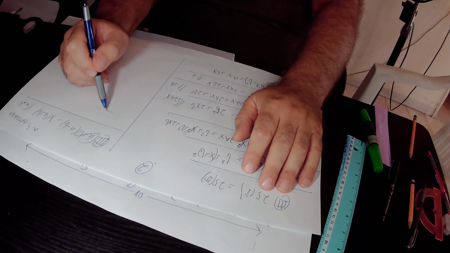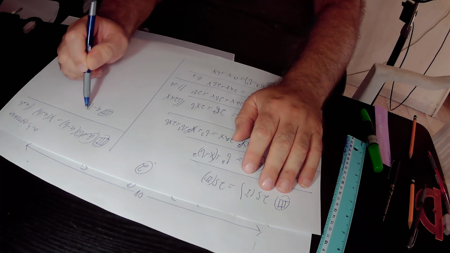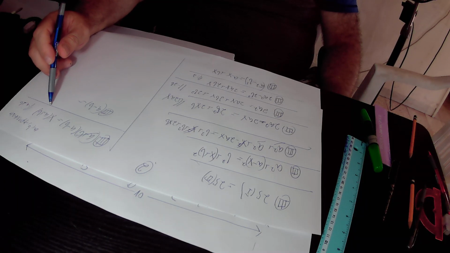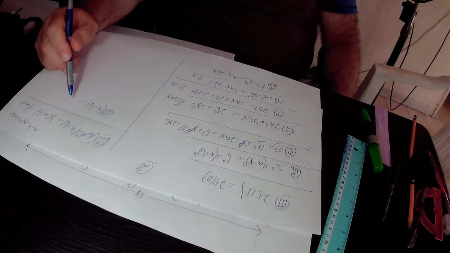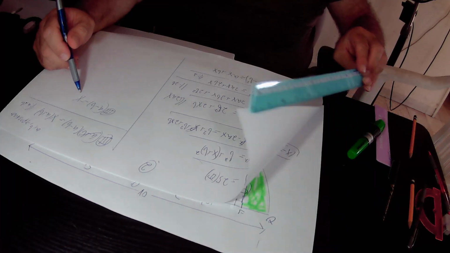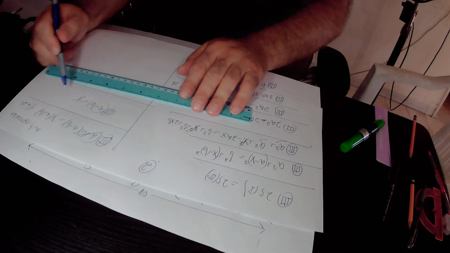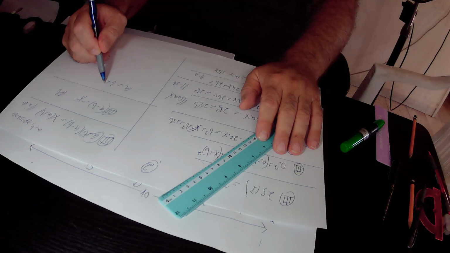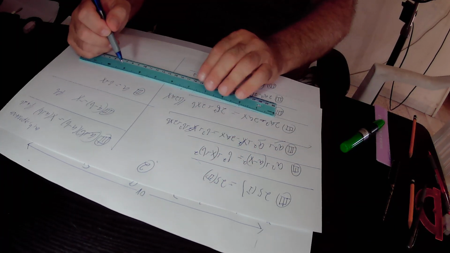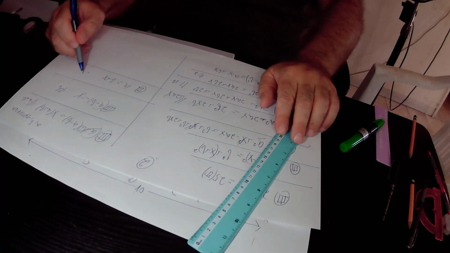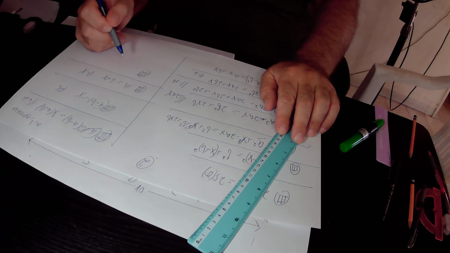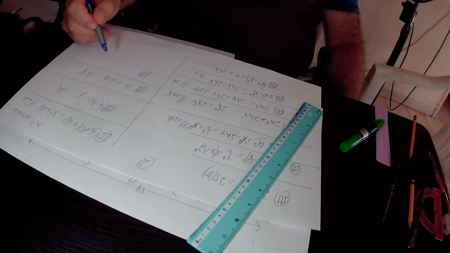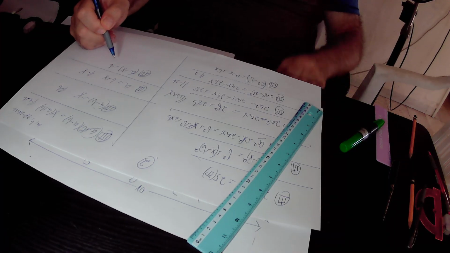So on this side of equation 3 we are left only with A minus B. This is equal to, after we divided this side of the equation by A plus B, A plus B will get cancelled and we are left only with X. So in total, we should find out that A minus B equals X. So here we add B to both sides, and we get that A equals B plus X. Then we subtract X, and I get that A minus X equals B.